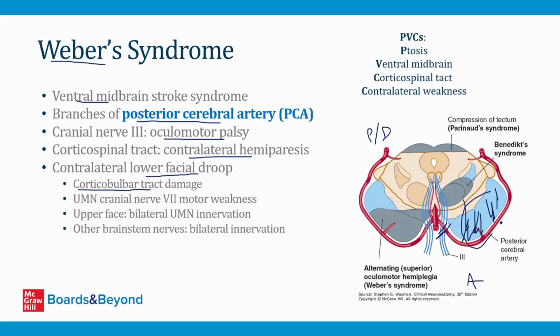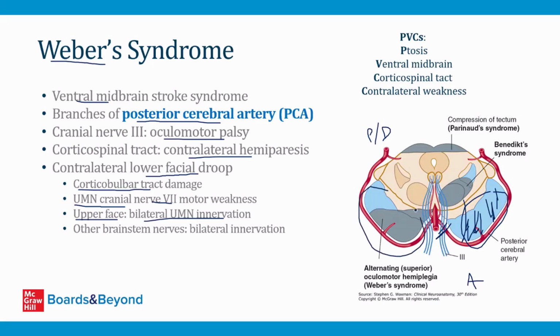Remember, the corticobulbar tract runs in this region right here, and it has upper motor neurons that supply the cranial nerves lower down in the brainstem. And so the lower facial droop is caused by an upper motor neuron lesion involving cranial nerve 7, the facial nerve. The reason the facial droop is only in the lower face and not in the forehead is because the upper face, meaning the forehead, has bilateral upper motor neuron innervation of corticobulbar tracts on both sides of the body.